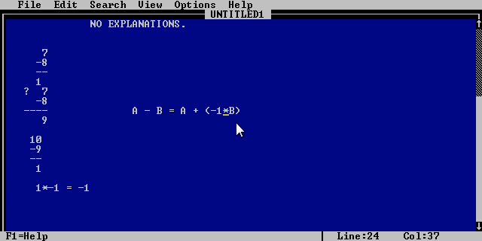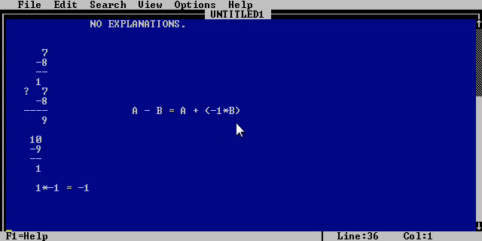And this times minus 1 is what's called taking the inverse of B. So A minus B really means A plus the inverse of B. And what I've come up with here is a very, very complicated way of doing this.